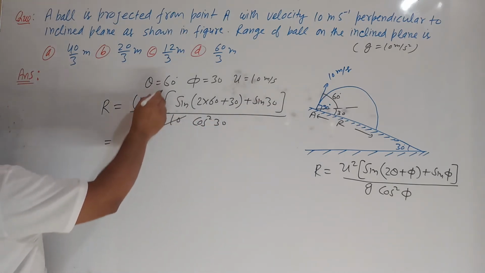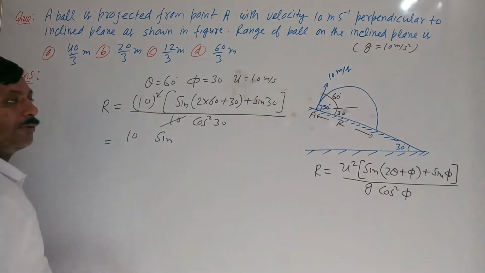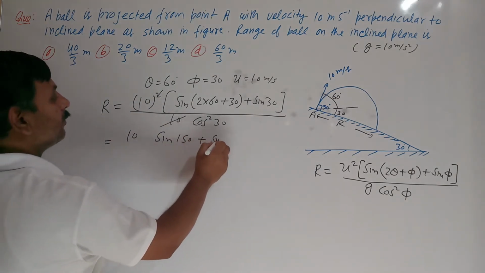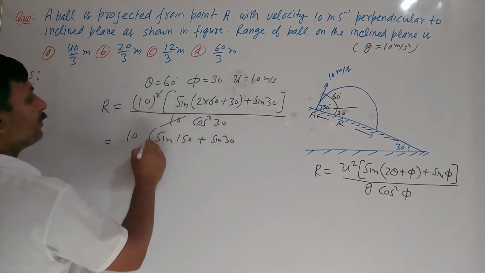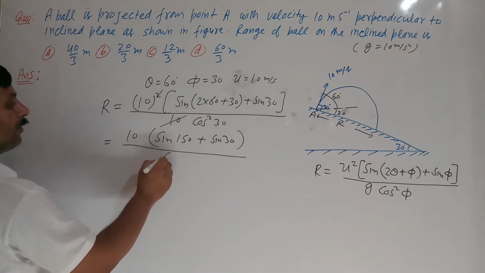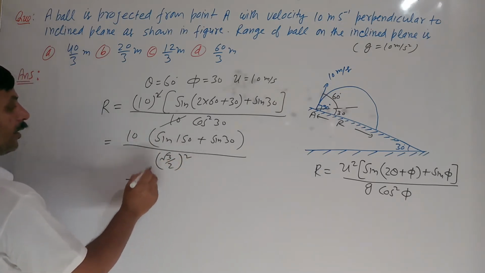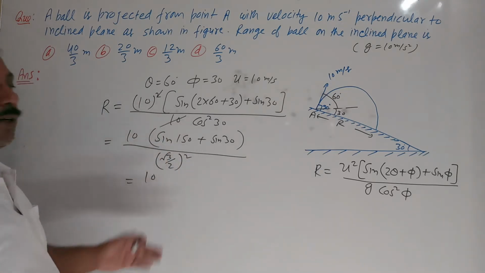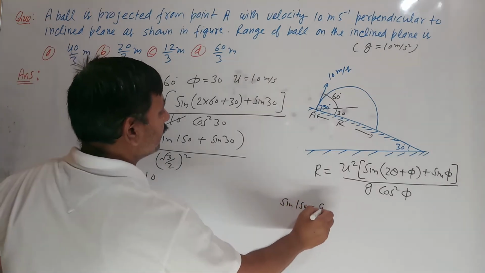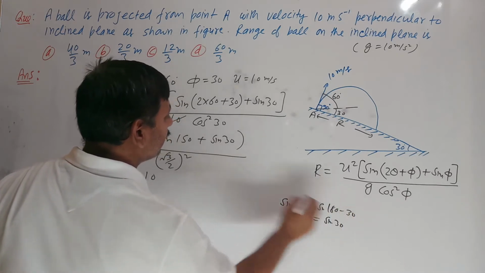Solve this, it will cancel 10. Sine 2 theta is 120 plus 30, 150, plus sine 30, divided by cos square 30. Cos 30 is root 3 by 2 square. 10 sine 150. You can see sine 150 means sine 180 minus 30, so that is sine 30.